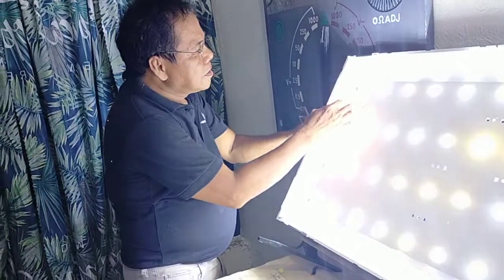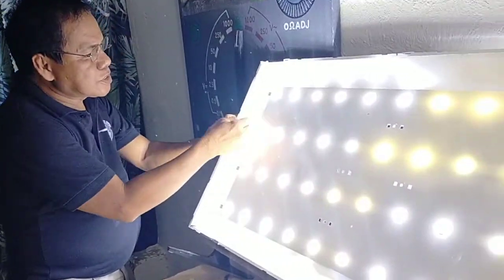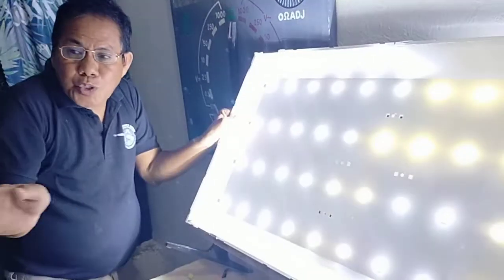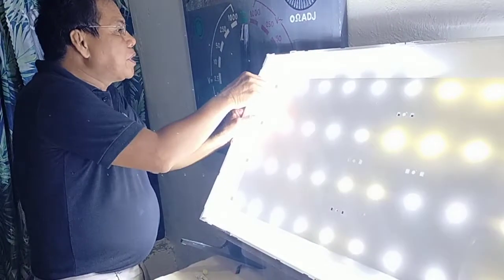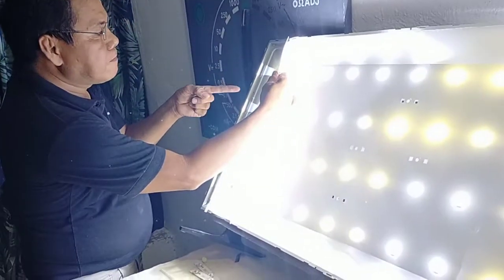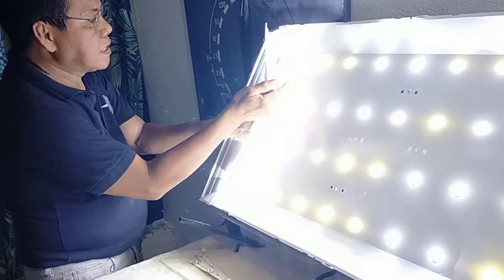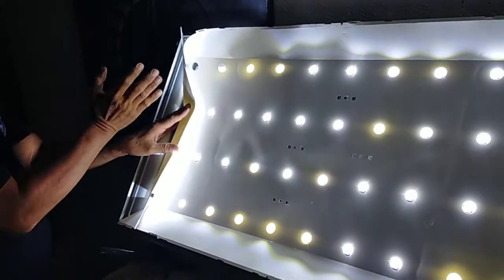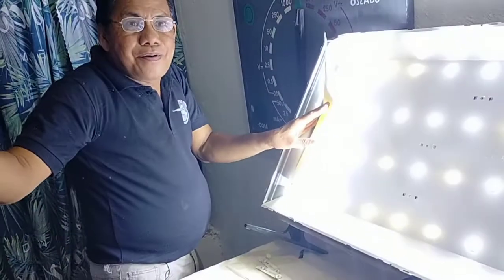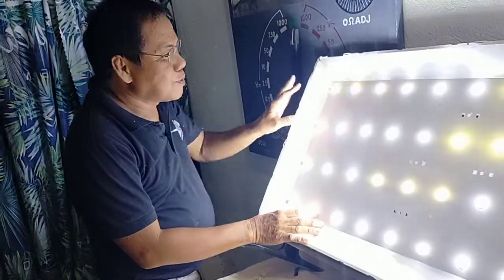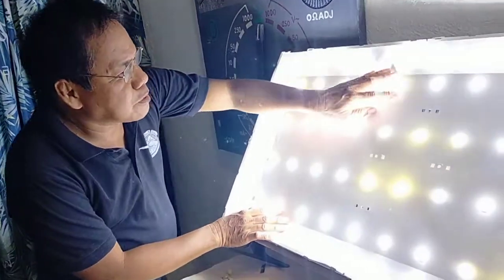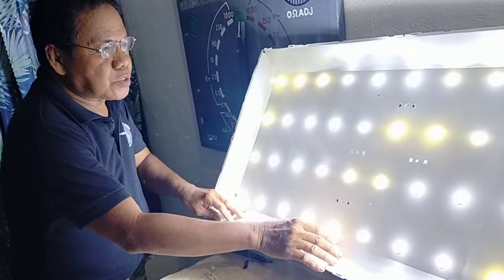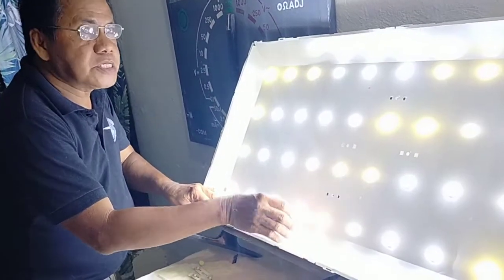The light that hits the corners will be bounced back towards the screen. Unlike without the reflector, the light that hits the frame will be wasted. It cannot be bounced back to the front of the screen. So that is the purpose of this reflector film or reflector sheet.